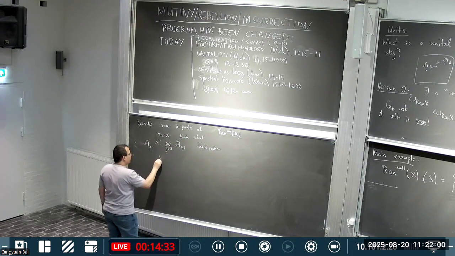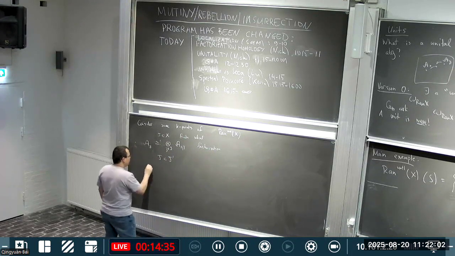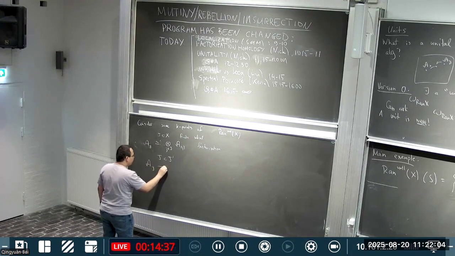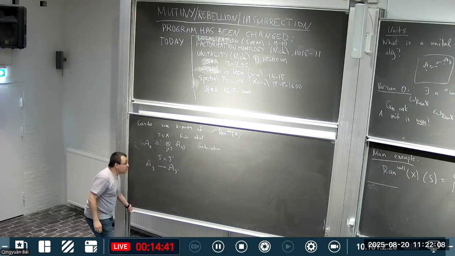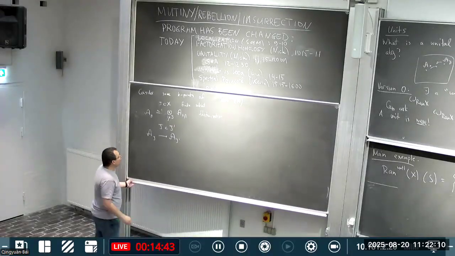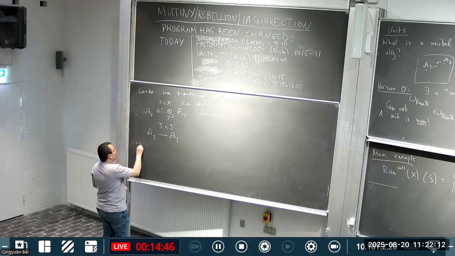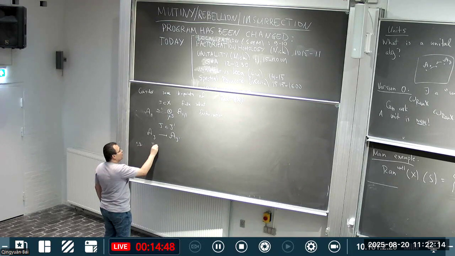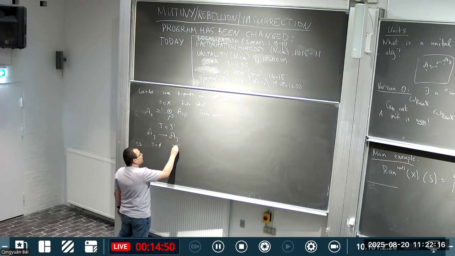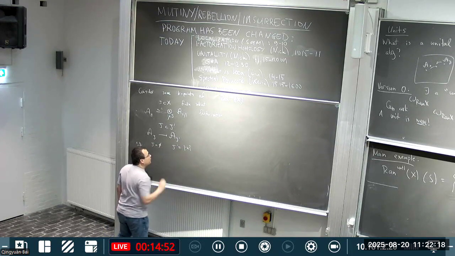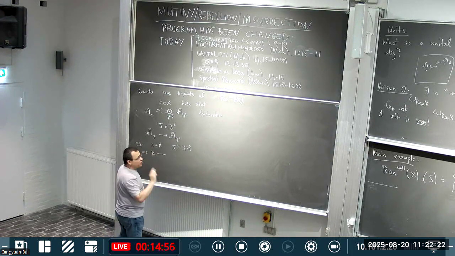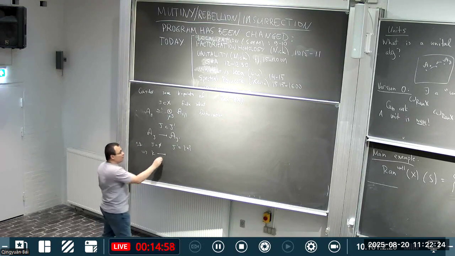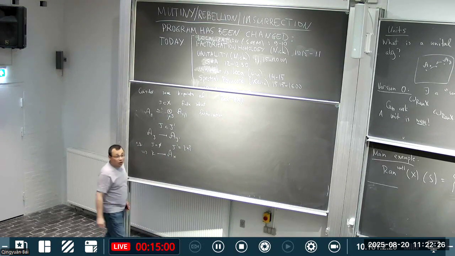And now if J is included in J prime, then I'm supposed to get a map from A_J into A_J prime. For instance, J could be the empty set, and J prime could be a singleton. This gives a map from K, which is the value on the empty set, to the fiber at any point.